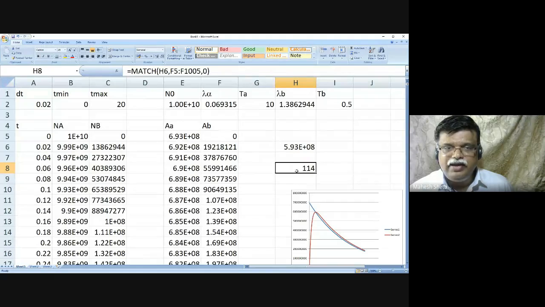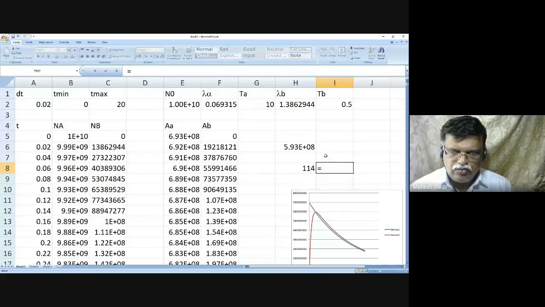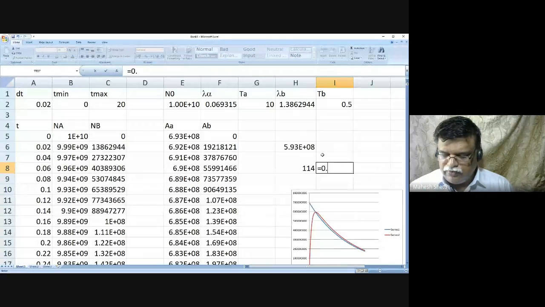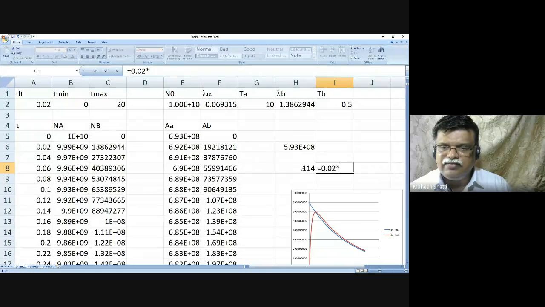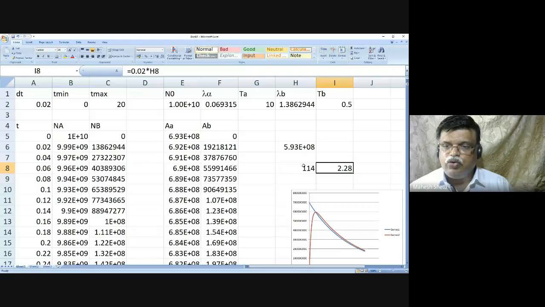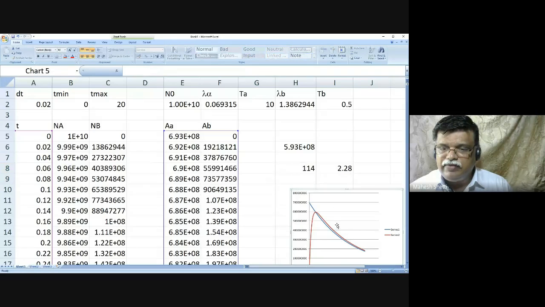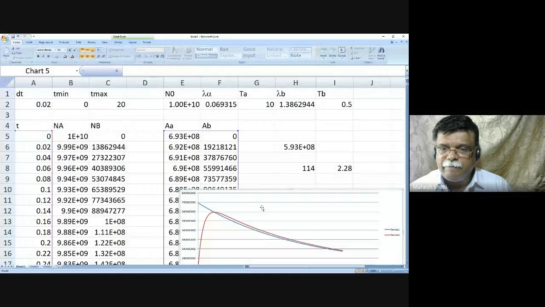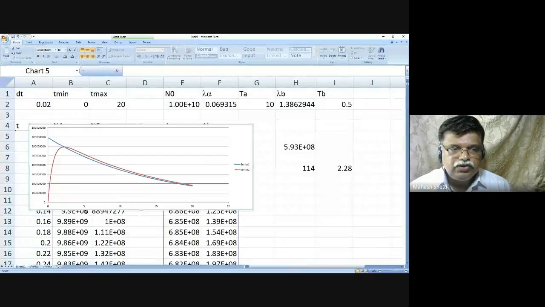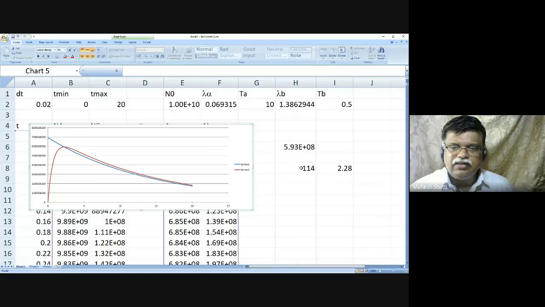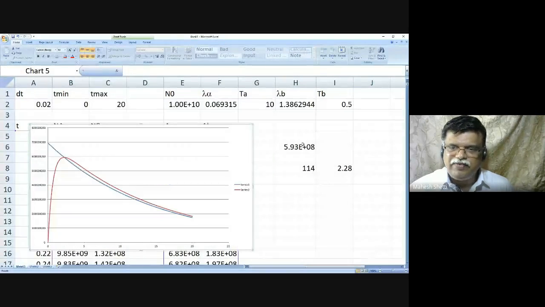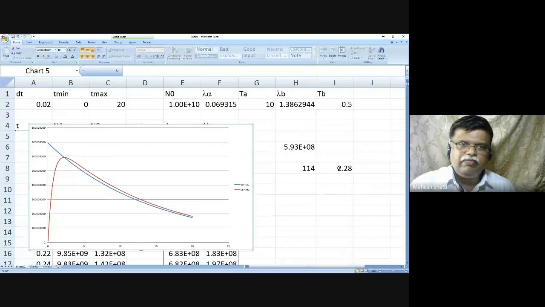So 114 multiplied by 0.02 will give you how much? 2.28, and that is what we expect here. So at around 2.28 there is a maximum. This is giving you where exactly the peak is. You can use other functions of Excel also here to find out where the peak is.